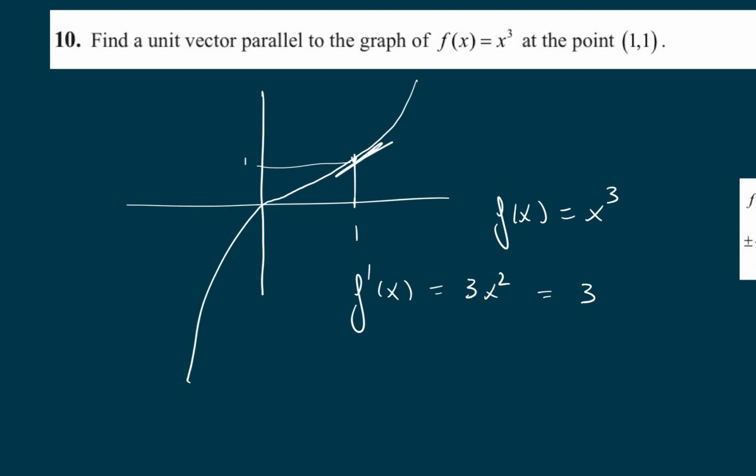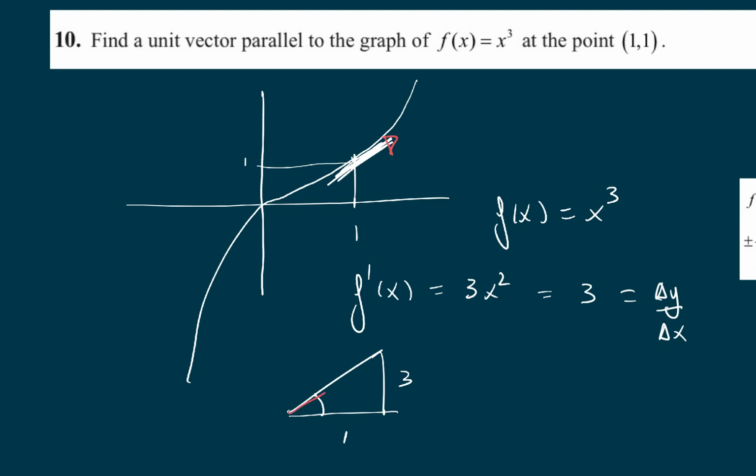When you have a slope of 3, it's because you have 3 units up and 1 unit in the horizontal direction, 3 divided by 1 is 3. A slope is delta y divided by delta x. So I can imagine here that there is a vector, this vector.